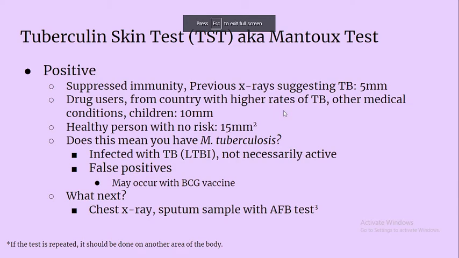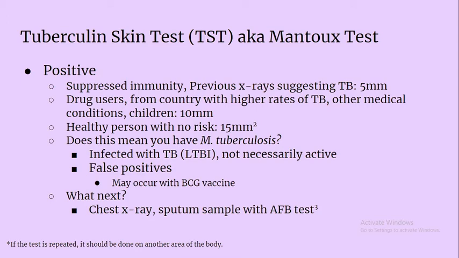Okay, so basically a positive is given differently depending on the risk of the patient. So for a healthy person with no risk, 15 millimeters is pretty standard for not necessarily diagnosing TB, but giving a positive for M. tuberculosis being present.